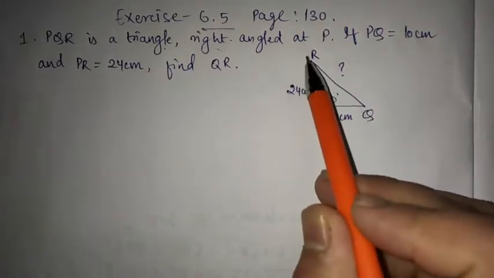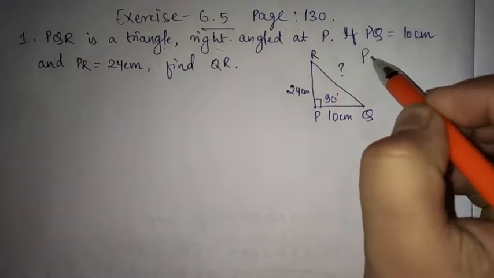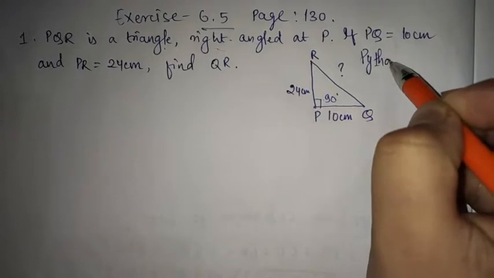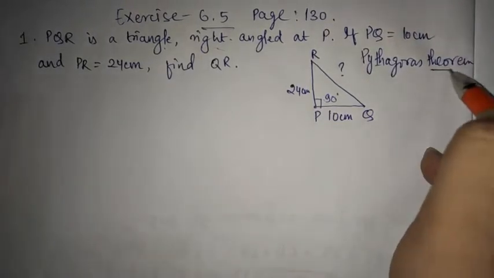So this will be considered as a right angle, as I have mentioned. Only in a right angle triangle is the property applied. The new property which we have studied just now, which is very new to you, the Pythagoras theorem or Pythagoras property, is applied.